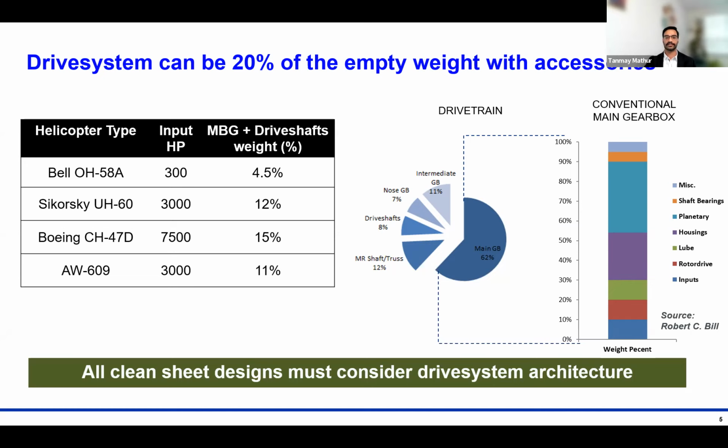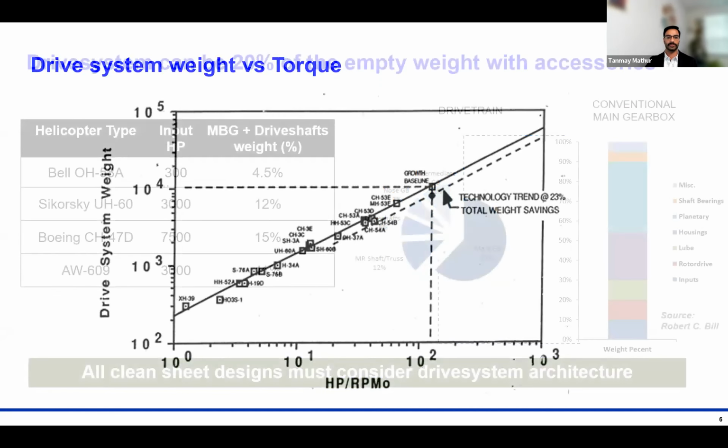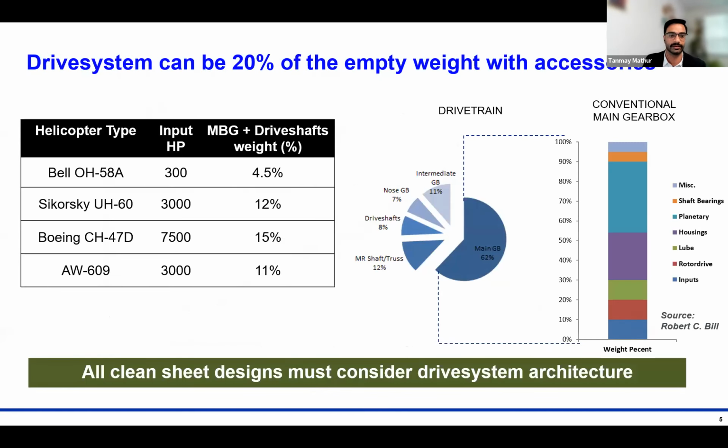This table here lists out the weight of main gearboxes only for some of the helicopters from different classes of power. And as you can see, as you scale up in power, the drive system weight, the main gearbox weight as a percentage of the empty weight only goes up.